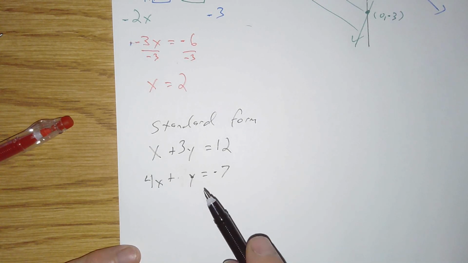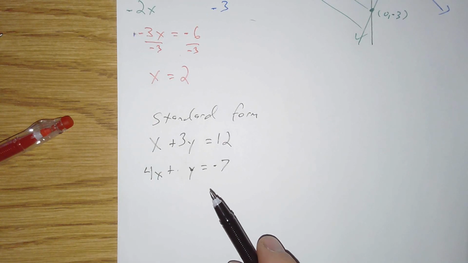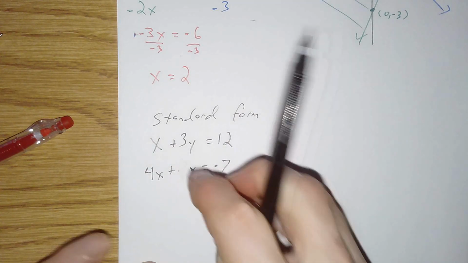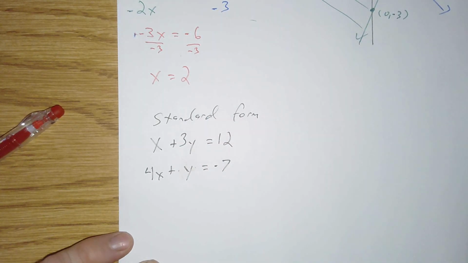The more work you do, the higher the probability you make a mathematical error. So when you have two equations in standard form, you may want to think about using the elimination method.